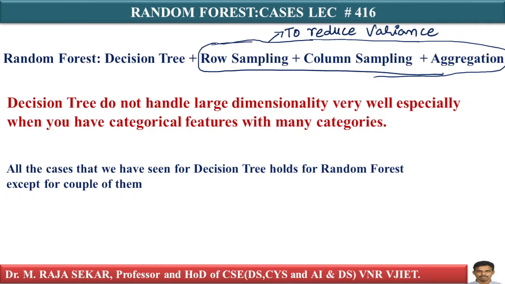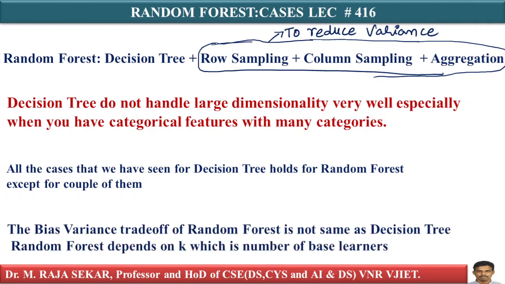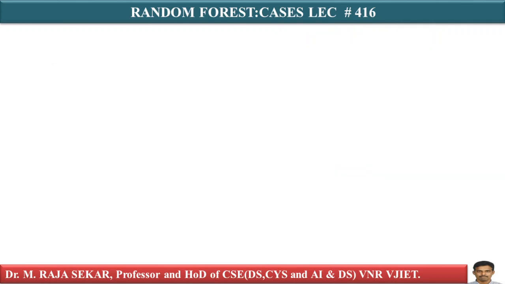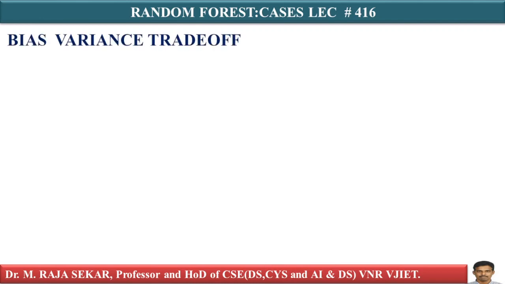But of course, as you obviously understand, the bias variance trade-off of random forest is not the same as decision tree, because this depends on k. What is our k? Number of base learners. We have already seen a lecture on how bias variance trade-off of random forest works. In the case of decision tree, bias variance trade-off works based on the depth.